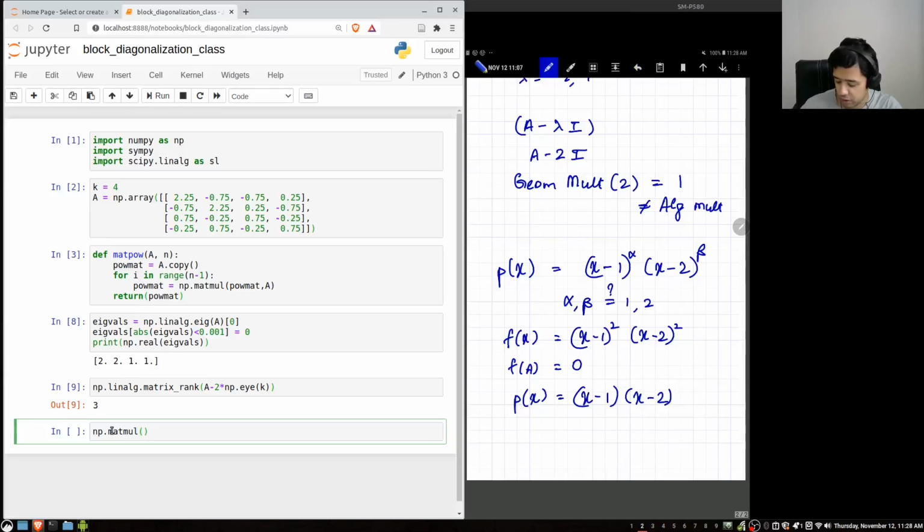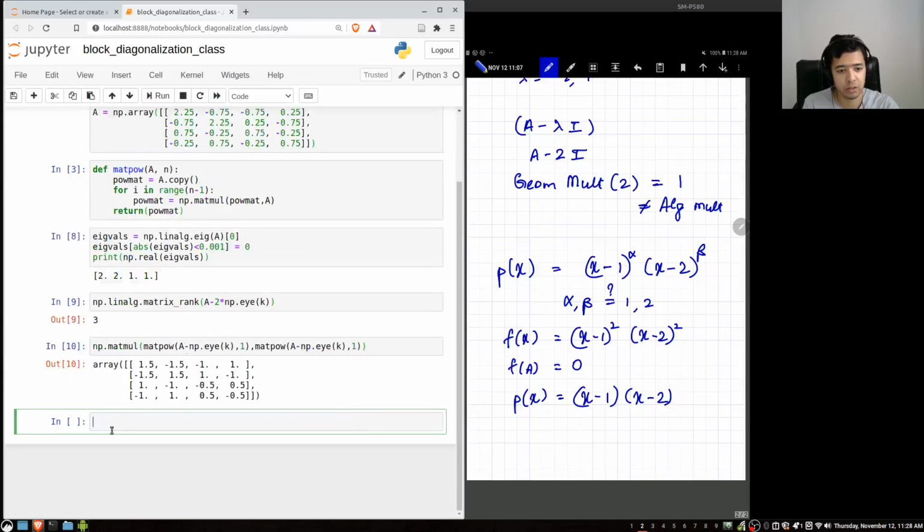Let's check that out. I'm going to compute A minus I times A minus 2I, and clearly this is not 0.